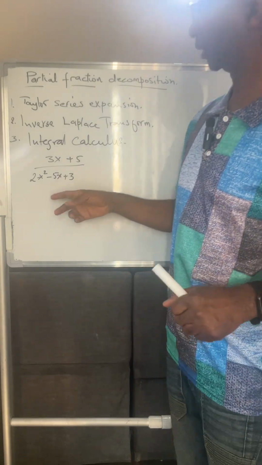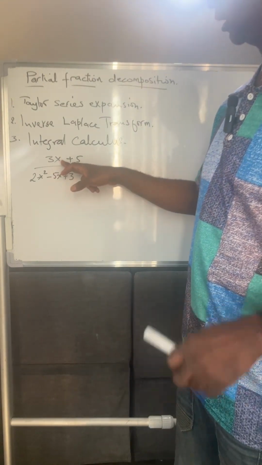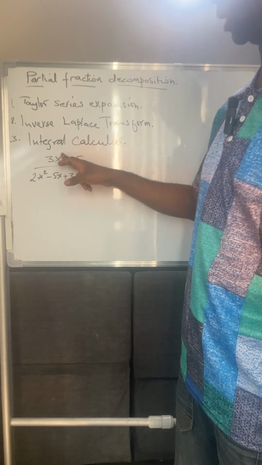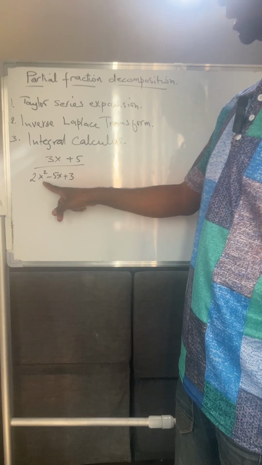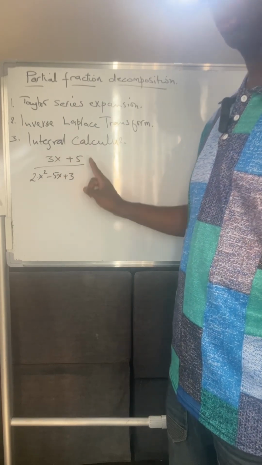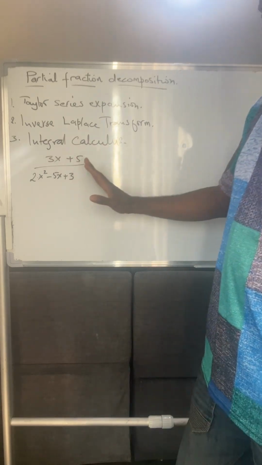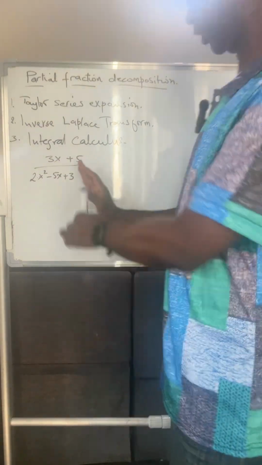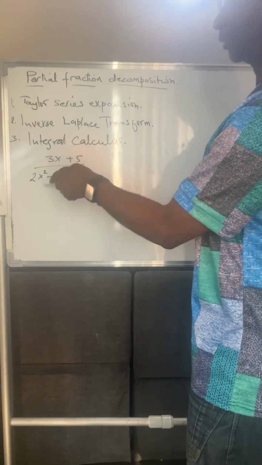Because what you have at the numerator here is x raised to the 1, and here your highest power is x raised to the 2, it means this can be decomposed into partial fractions, because the numerator is smaller than what you have at the bottom.